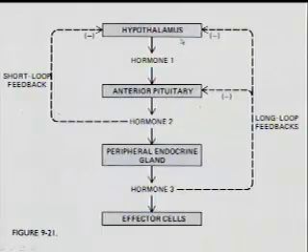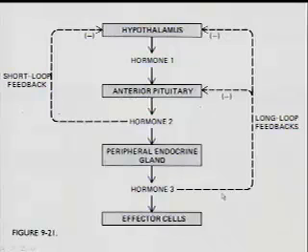Here's another illustration of this, building in the feedback loops. So hypothalamus is going to be glandular tissue 1, so it's not a real gland, but anyway, we can describe it that way. Hormone 1 will come from it. Anterior pituitary is gland 2 with hormone 2. Peripheral endocrine gland, if it exists, it doesn't in every case, with the hormone 3, and then the effector cells.